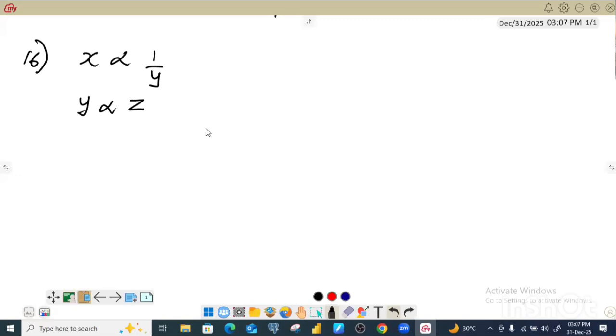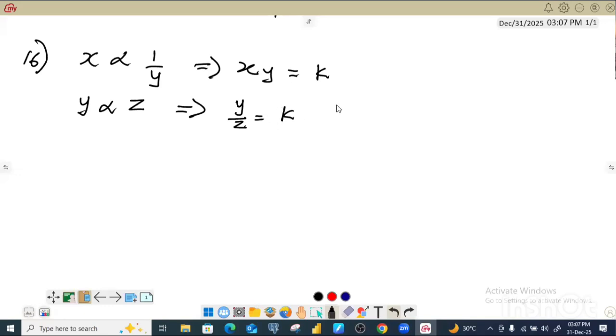You just look for the constant of each of them and compare the constant. You can see from here, xy equal to constant, and at this point you can have y over z equals a constant.